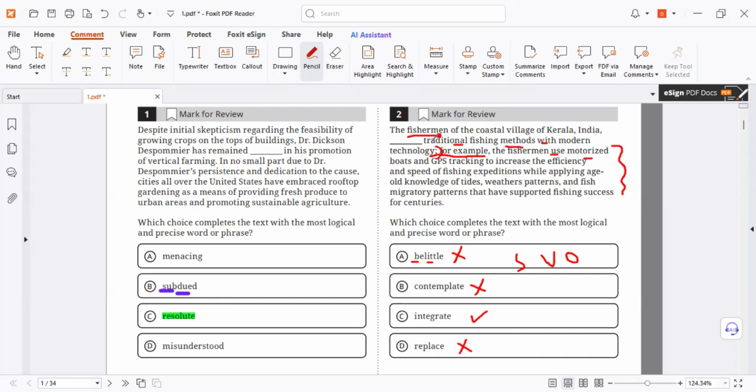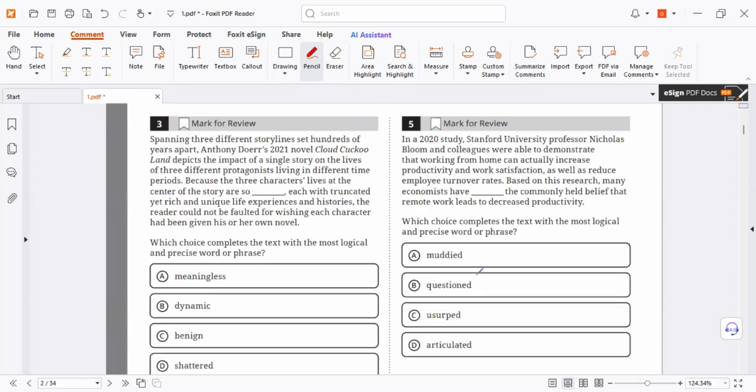All right, so use the semicolon to help you. Use the structure to help you. That's right. The same way here.